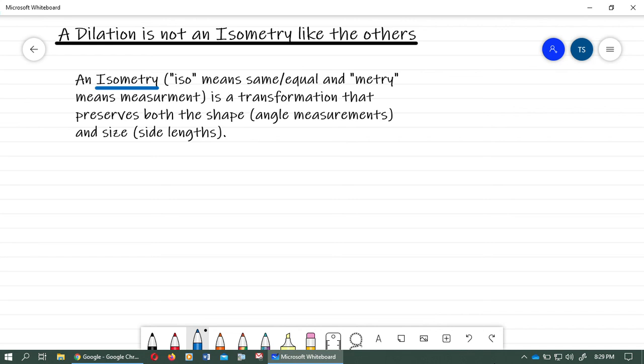You may have one that slid or shifted over here or over there, or one that was turned, or reflected or rotated or translated. But the shape and the size are going to be the same, which means that your pre-image and your image are going to be congruent figures in an isometry.